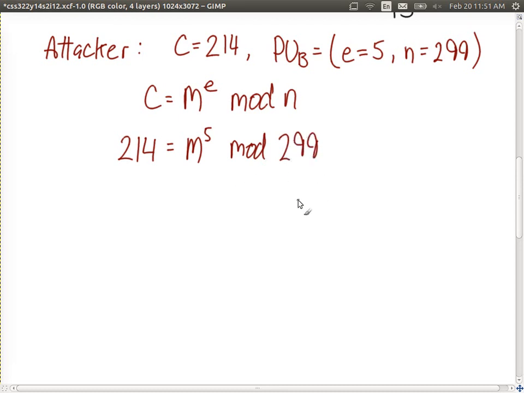They want to find M. We have an equation here. 4 variables, C, M, E, and N. 3 of them are known. Normally with an equation with 4 variables, 3 known, we just rearrange and find the unknown. How do we do that? What operation do we do to find M? Or what's it related to? How do we find M? By solving this equation. What could we do?